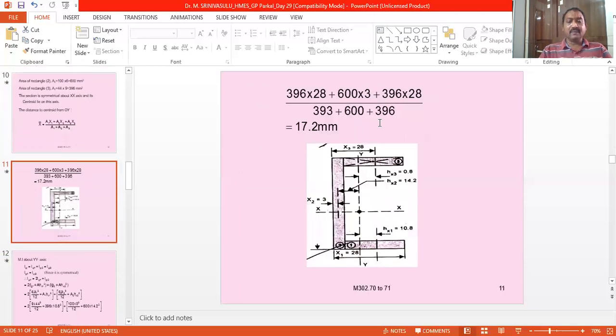Substituting all the values, we get x bar equal to 17.2 millimeters. So the centroid is at a distance of 17.2 millimeters from the left edge. And we know the y bar, what is the y bar?